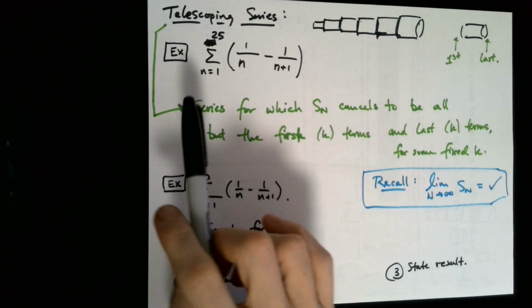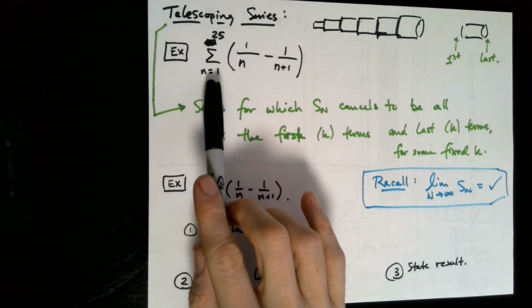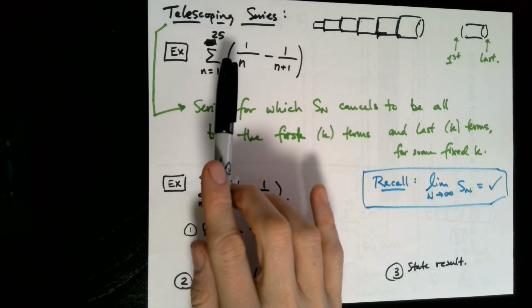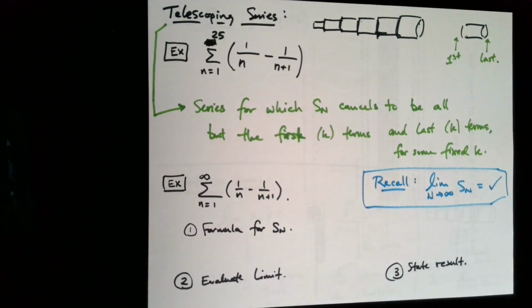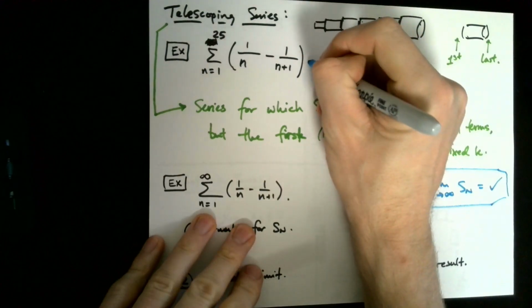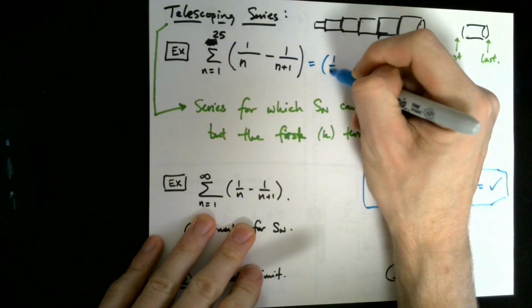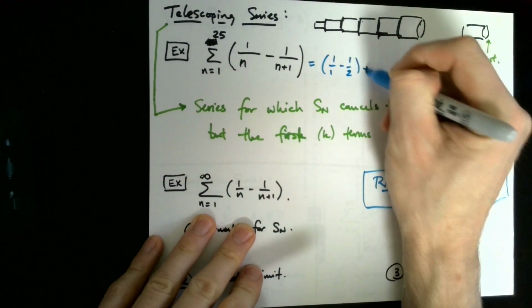An example of this, to make it more apparent mathematically, is this series: the sum from n equals 1 to 25 of the terms 1 over n minus 1 over n plus 1. Each of these terms is, in fact, a pair of terms. We could add up all of these terms, and what would we get? The first term, corresponding to n equals 1, would be 1 over 1 minus 1 over 2.